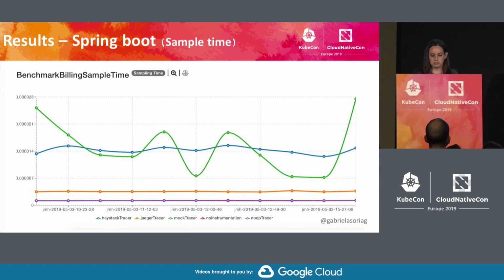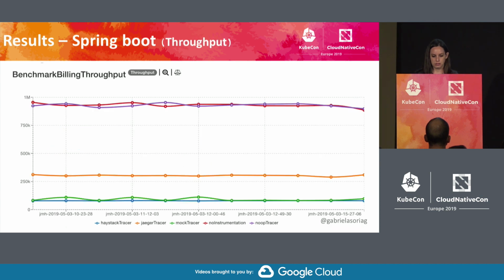The different tests measure the process of issuing an invoice in a non-instrumented scenario and instrumented with different tracers. The sample time increases around 200% in this Spring Boot scenario. And if we look at the throughput, it decreases around 67%.